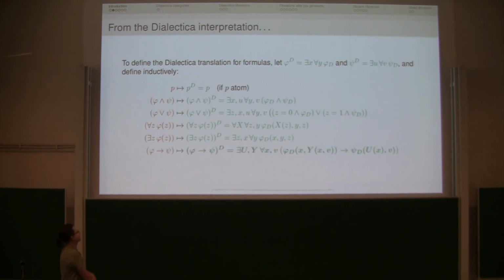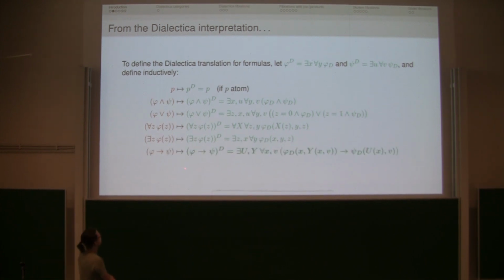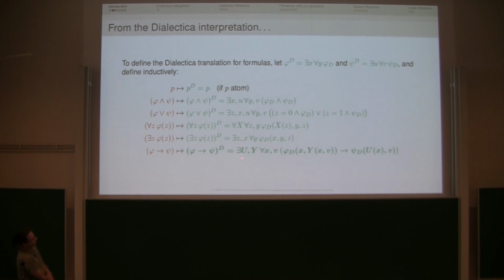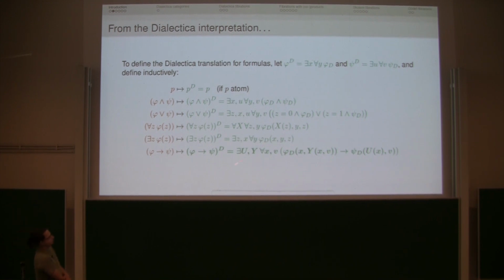What is the most remarkable step is the translation of implication, which is this expression here. One intuition for how to read that is as follows. We're introducing two functionals here, U and Y. U keeps track, for any witness x of phi, of a specified witness U x for the truth of psi.